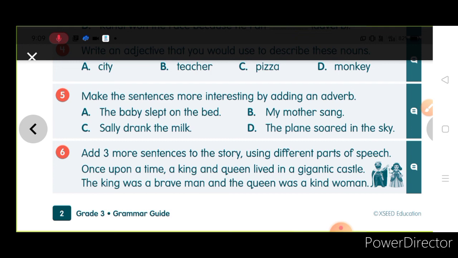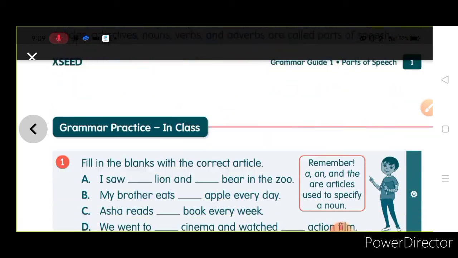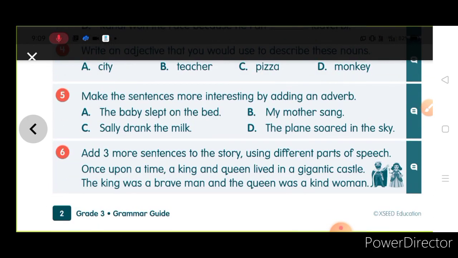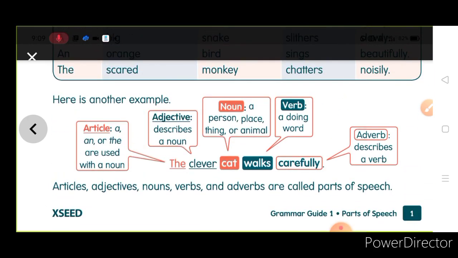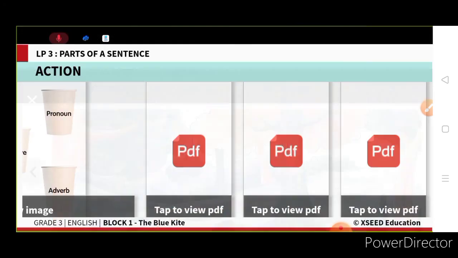What you have to do is use different parts of speech, noun, pronoun, verb, adjective, adverb, anything, and continue the story. This is provided for you to do more and more practice. You just see the picture and try to write the sentences. Okay? Understood all of you? Yes?